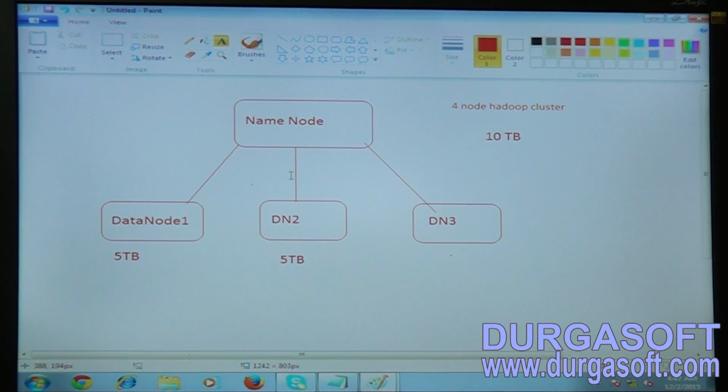Here we can build our Hadoop cluster using our own CPUs, by combining multiple CPUs and making them a server, and then using that server we can set up a Hadoop cluster as well. So even small companies can maintain Hadoop related projects. This is one of the advantages.